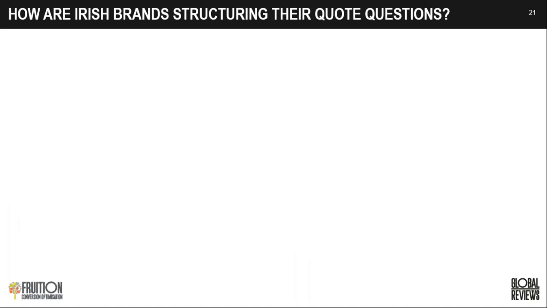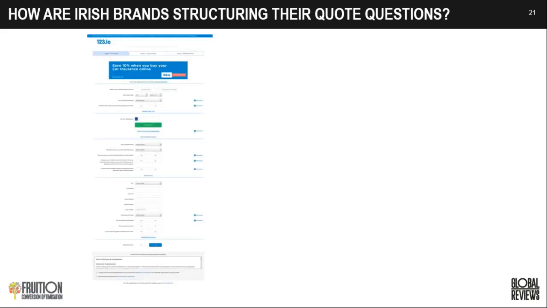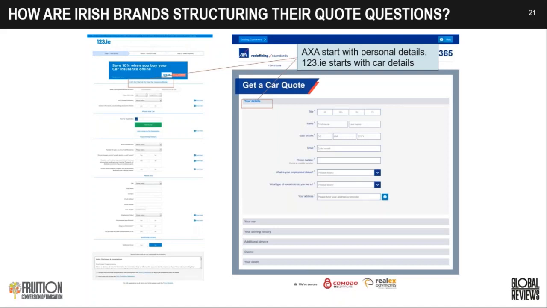Now, while we have created some kind of correlation between the number of questions and satisfaction and evaluation rates, let's look at how some of our other brands in the motor insurance industry are presenting their quote questions across the journey. Here is an Irish brand called 123.ie, and here's a brand that you are all probably familiar with, AXA.